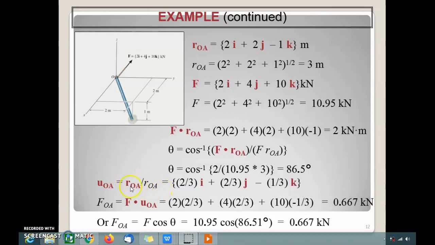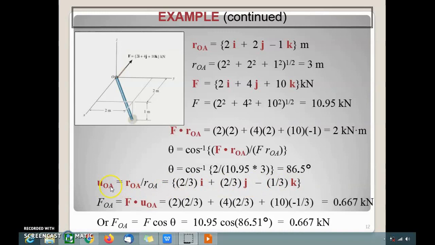Your vector ROA is 2i plus 2j minus 1k, divided by the magnitude of ROA, which is 3 meter. So divide each of the components with 3, and you will get the unit vector UOA like this.